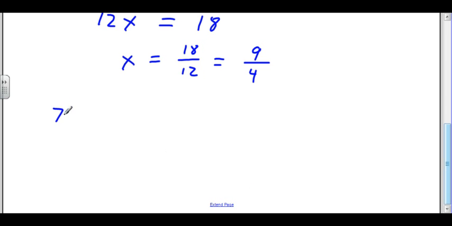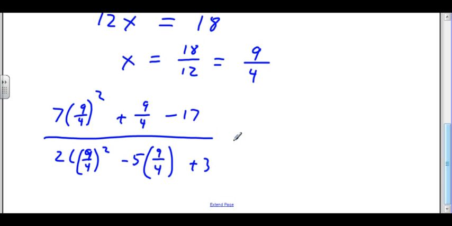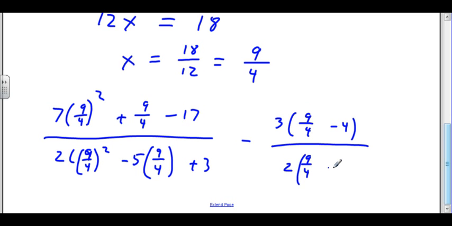Okay, so 7 times (9/4) squared plus 9/4 minus 17, divided by 2 times (9/4) squared minus 5 times 9/4 plus 3, minus 3 times 9/4 minus 4, over 2 times 9/4 minus 3, is supposed to be equal to 2 times 9/4 plus 1, over 9/4 minus 1.